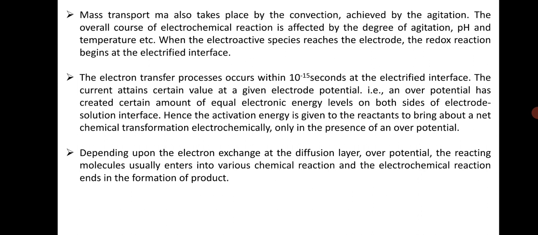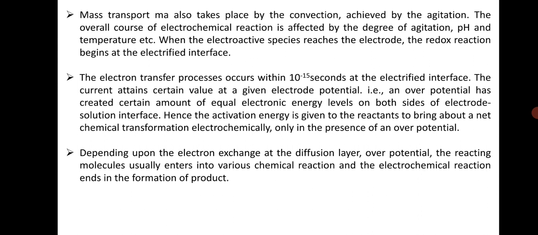Once the substance is brought from the bulk to the electrode surface and the product from the electrode surface to the bulk, there occurs a mass transport. Okay, this may be by convection or achieved by agitation.